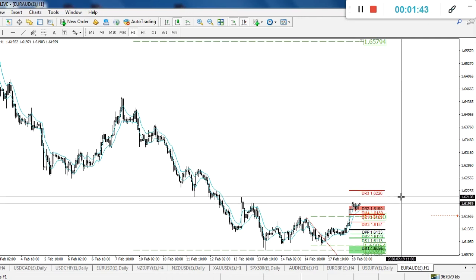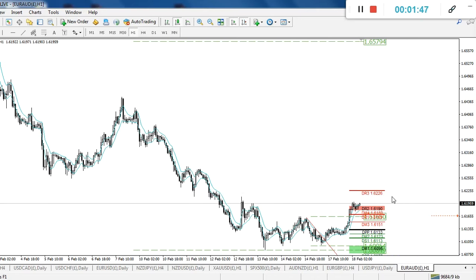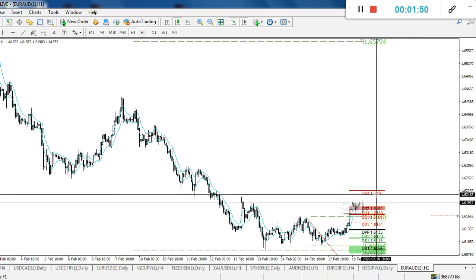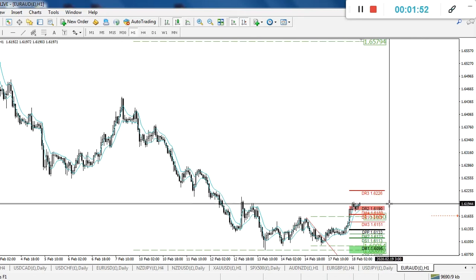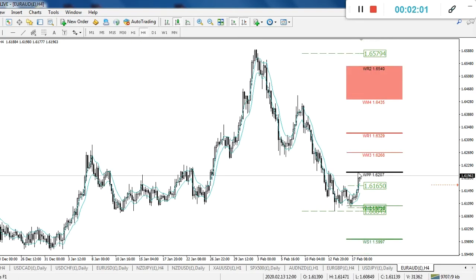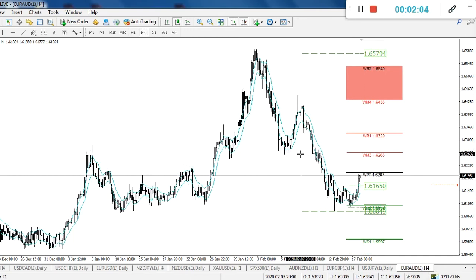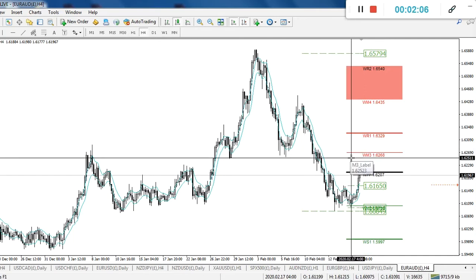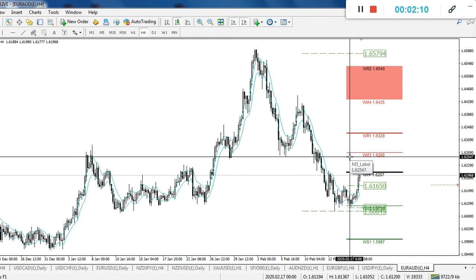If it closes strongly and retraces a bit, the first target would be the daily R3 at 162.26, around that area. Then, as the second target, you could target these highs at 162.54, 162.55 area.